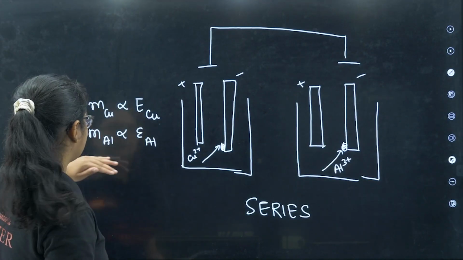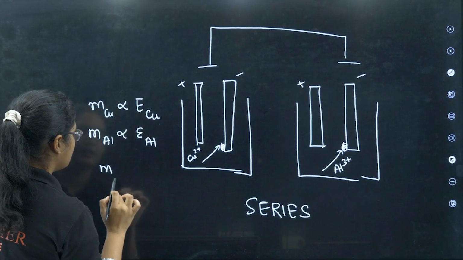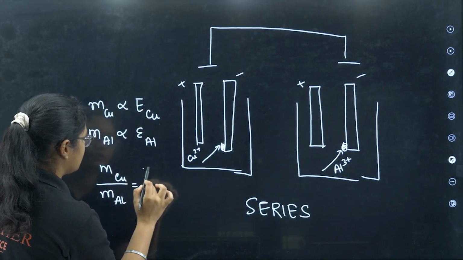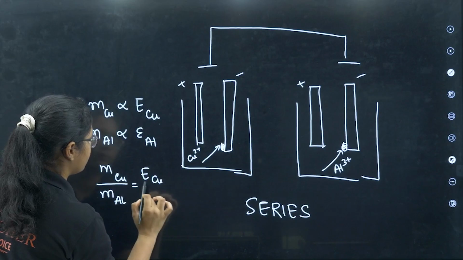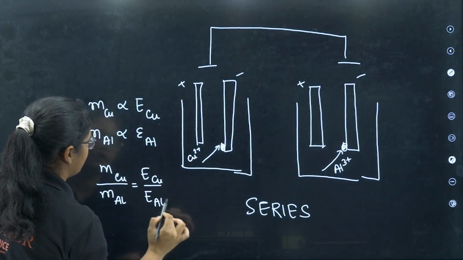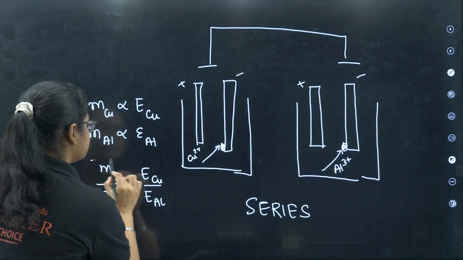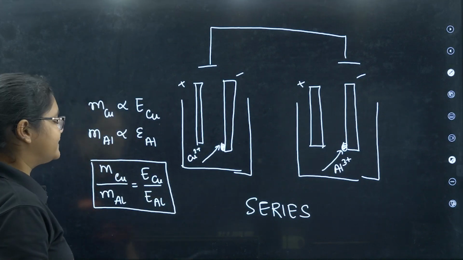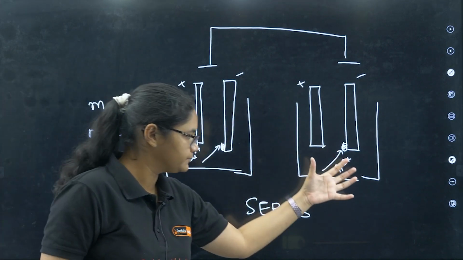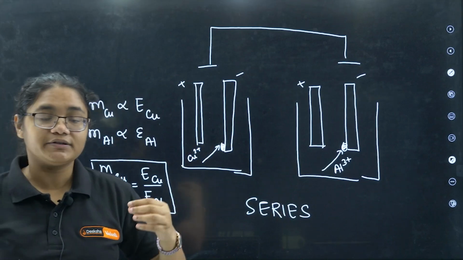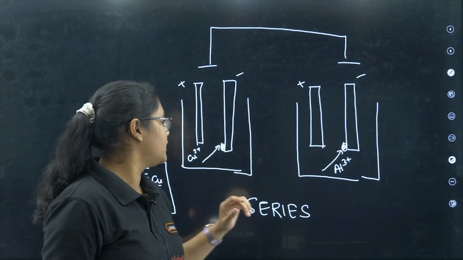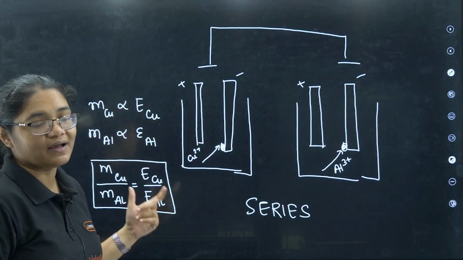If I divide these, I get mass of copper by mass of aluminium is equal to equivalent weight of copper by equivalent weight of aluminium. This is Faraday's second law: if the same amount of current is passed in 2 cells in series, the mass deposited will be proportional to their equivalent weights.